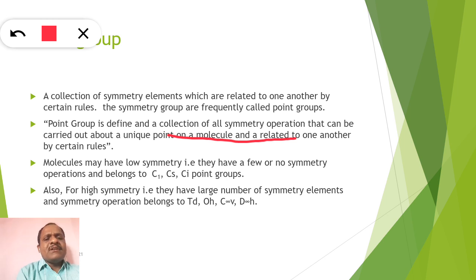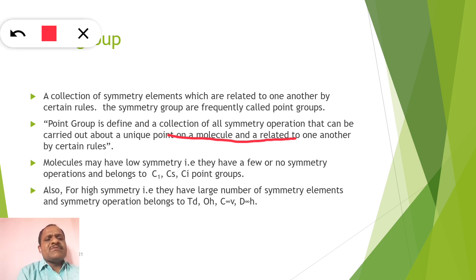Now what are the different types of point group? We have different types of point group because molecules may have low symmetry. That means basically two types of molecules, one called low symmetry molecules and the other high symmetry molecules.